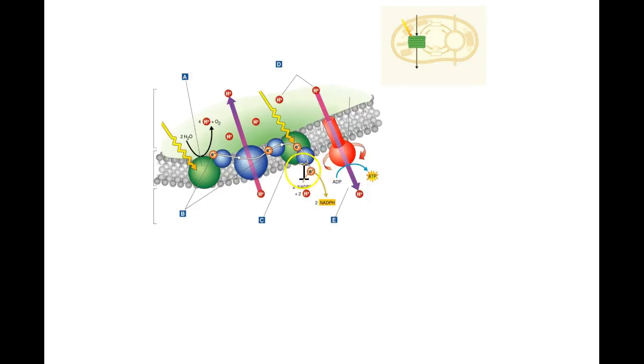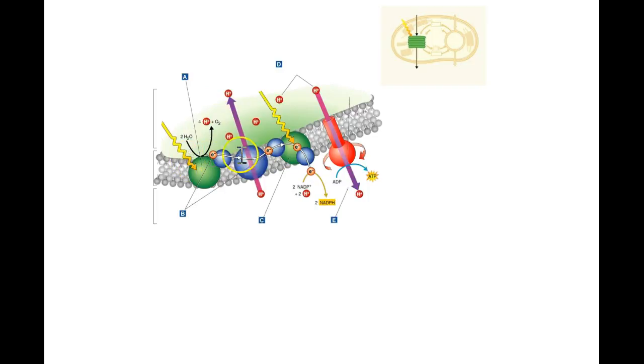And what's going to happen is the negatively charged electrons are going to be attracted to these positively charged electron carriers, as well as the hydrogen that they used to be attached to, and they're going to join together with NADP+, and they're going to form the energy carrier NADPH. And this NADPH is going to go off to be used in the Calvin cycle.